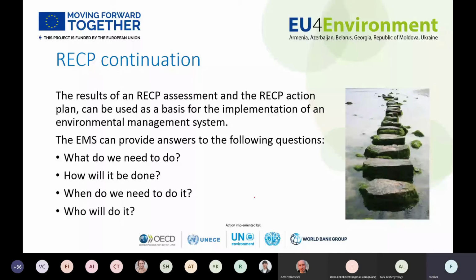It's actually providing the basis for continuous application of RECP to systematically not only improve once by identifying some measures, but to continue this process over the years and step by step identify new measures, implement new measures, simply improving our environmental impact.